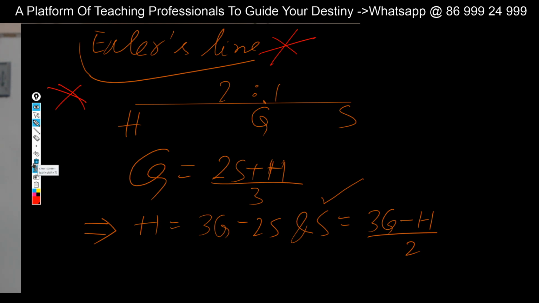Now let us see the area of a triangle, area of a quadrilateral, area of a pentagon, area of a hexagon, area of a septagon, whatever. So I'm giving you a common formula for all this.